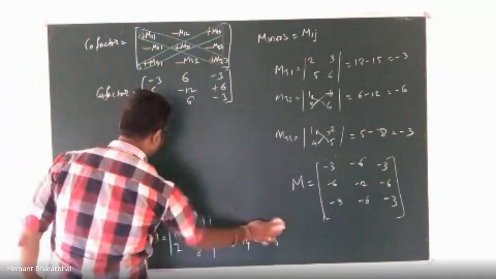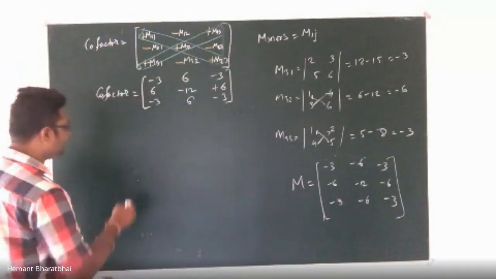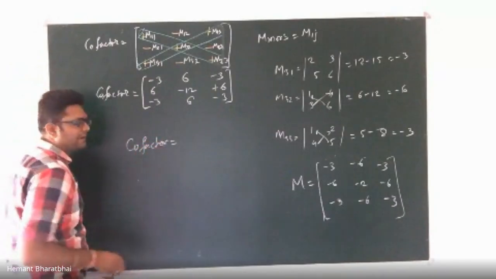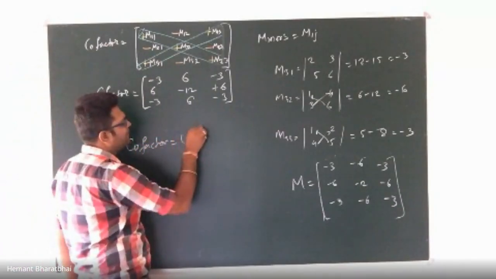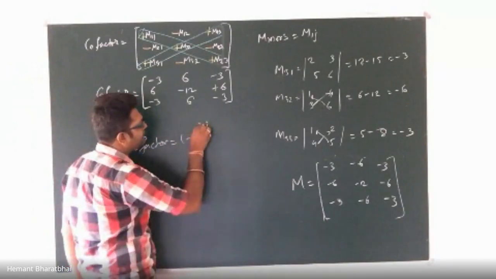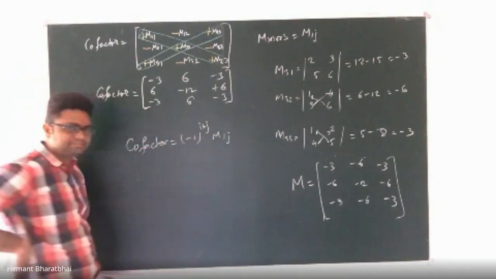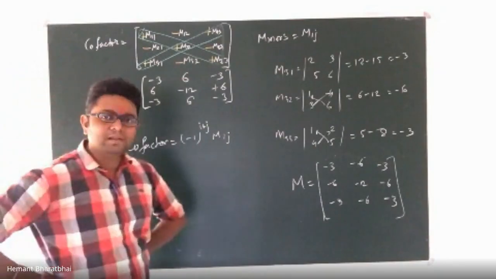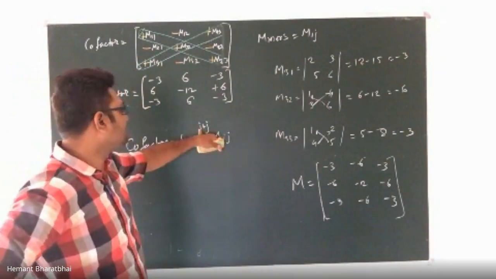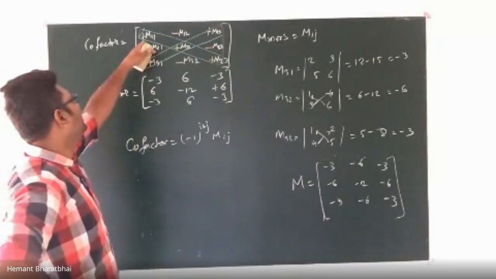Suppose you don't want to memorize the signs, then by definition the cofactor is minus 1 raised to i plus j into Mij. So when I write M11, 1 plus 1 is 2, minus 1 squared will be plus 1, and therefore you have plus.